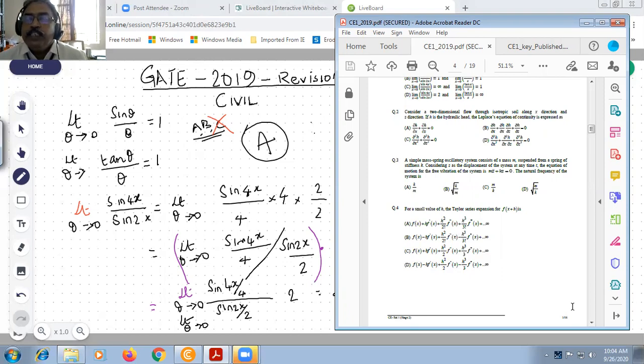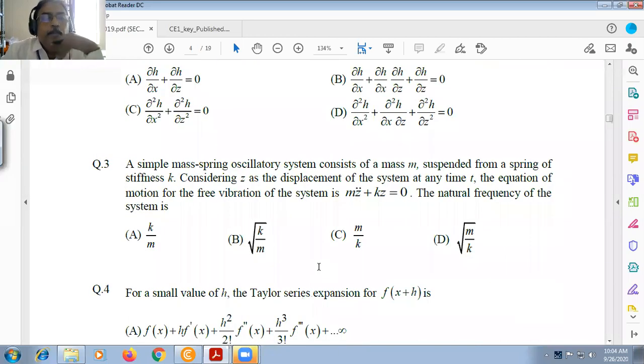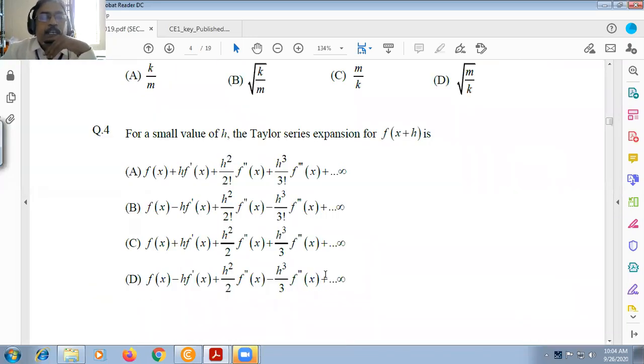Normally, for x plus h, the formula is all positive. So A and C are all positive functions. So you can visualize the problem: f of x plus h, f dash of x times h, plus h square by 2 factorial f double dash of x, and so on.